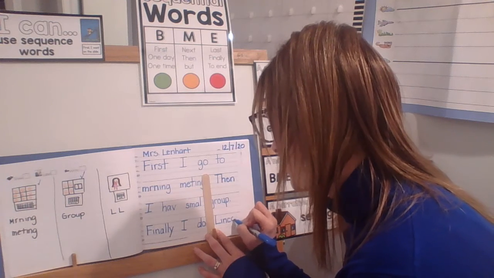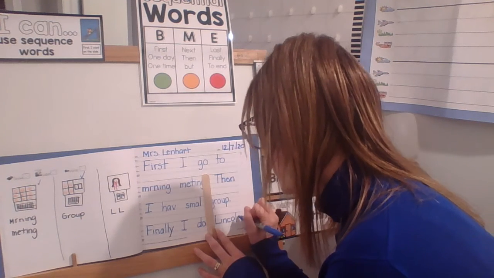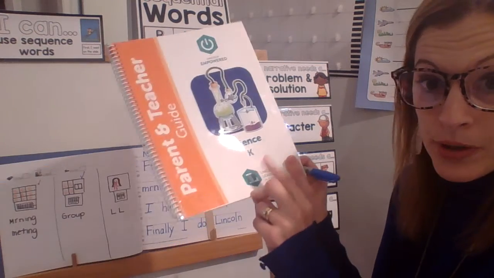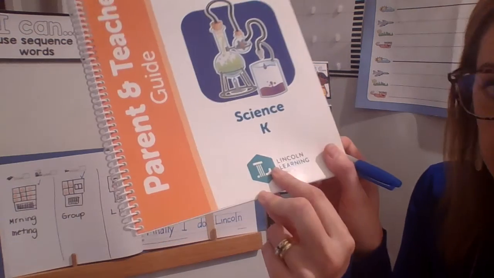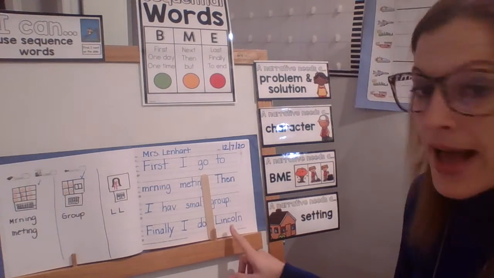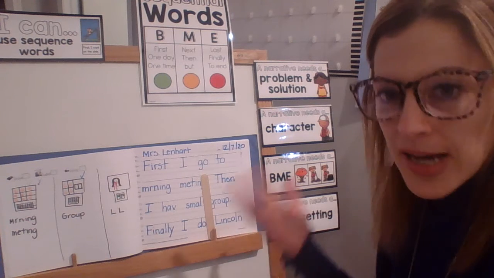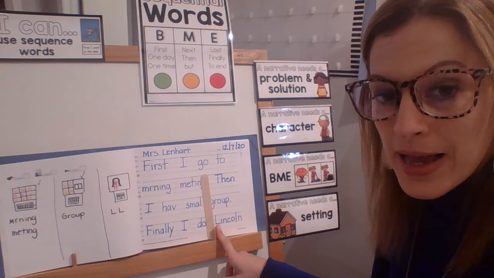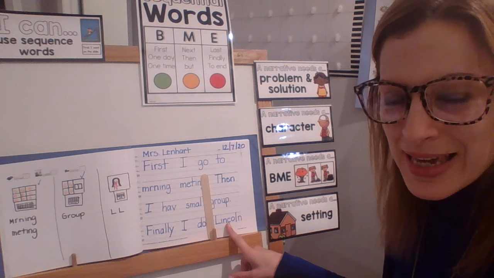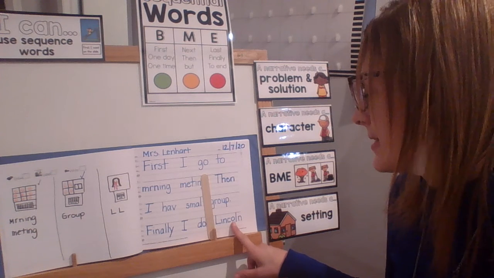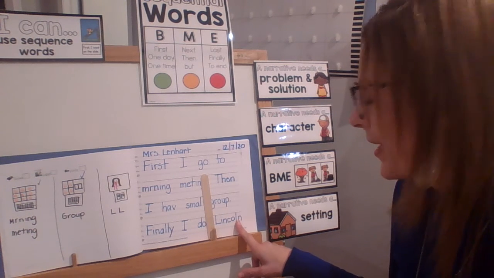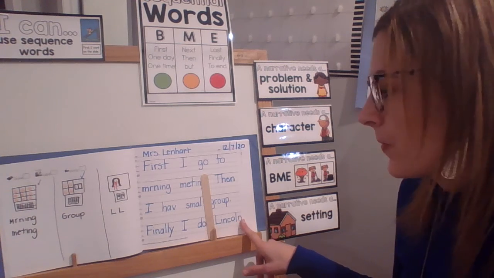That's what I call using your resources. So I looked on my student workbook and I saw that Lincoln was spelled like that. So I copied it down. It's a capital letter because it's the name of a company. So we would write capital L, lowercase i, lowercase n, lowercase c, lowercase o, lowercase l, and lowercase n.